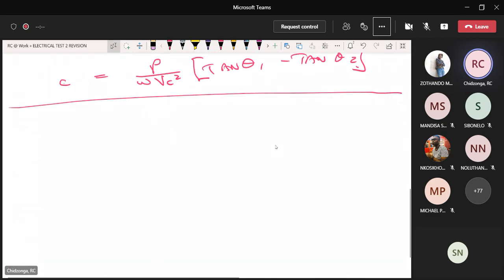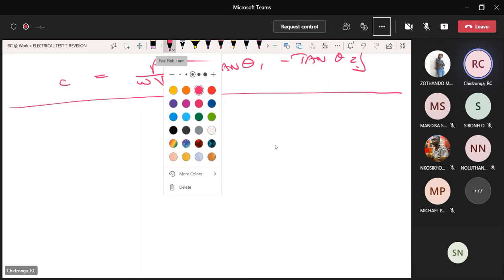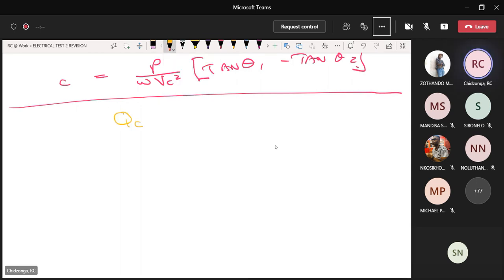So in other words, the power from the capacitor must be such that it contributes minus 7.3 kilovolt ampere reactive. That is the Q from the capacitor, the one that we are going to connect in parallel.